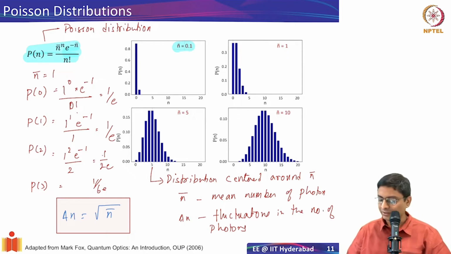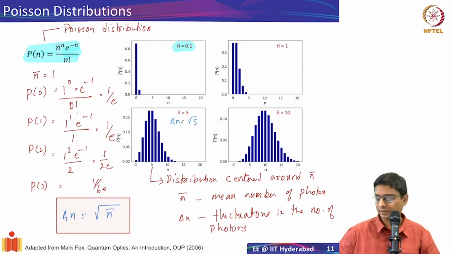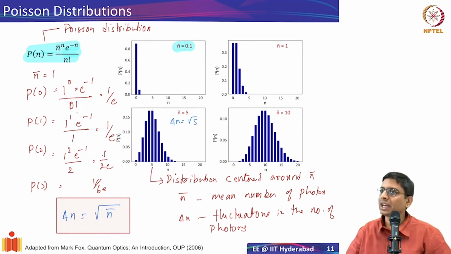So basically, if you have an average number of photons of 5, what is the fluctuation? Delta n is going to be the square root of 5, so 2 point something. But if you have an average number of photons of 10, the fluctuation is delta n equal to the square root of 10, which is going to be 3 point something.